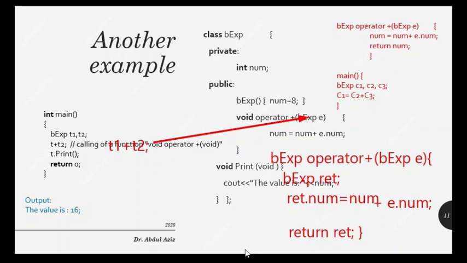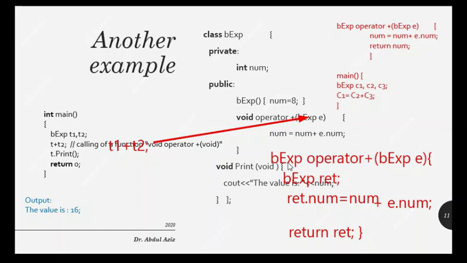So this is how we are going to write code where we overload an operator such that it accepts an object of my type, and then it also returns me an object of my type.